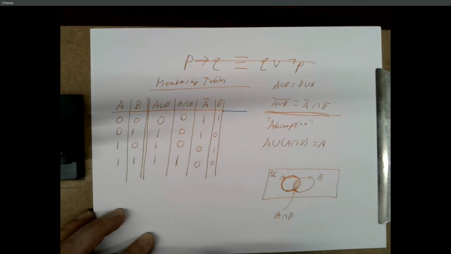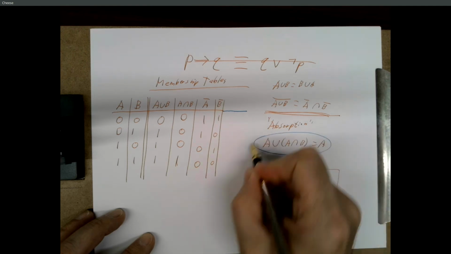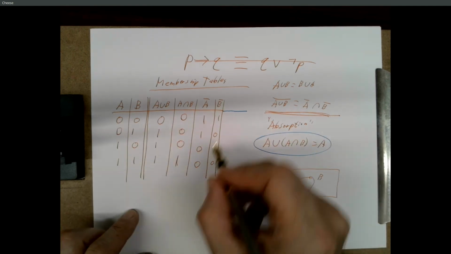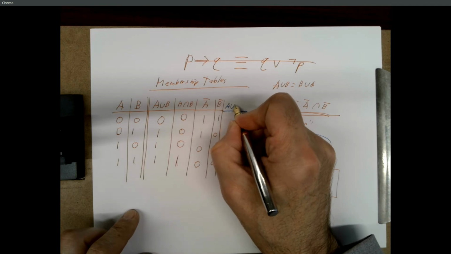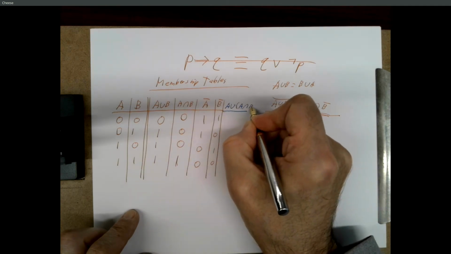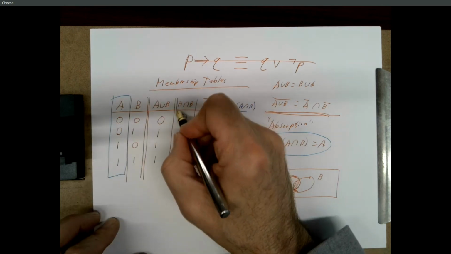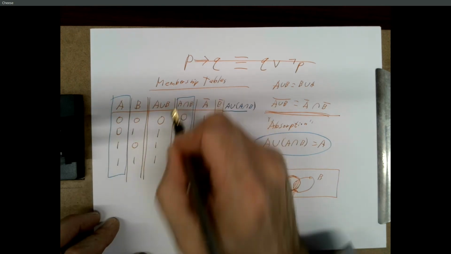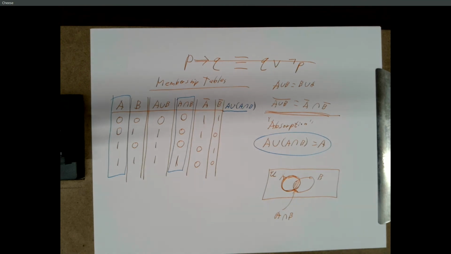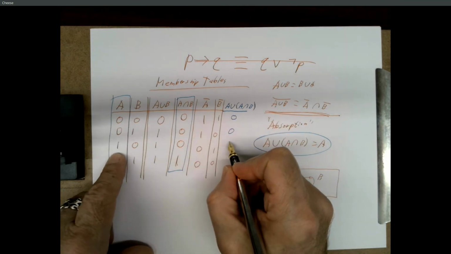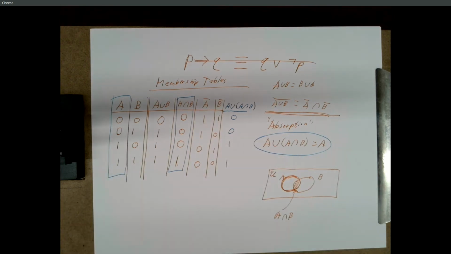So let's look at our absorption theorem. We already have a column for A. We have a column for A intersect B. Let's make a column for A union A intersect B. And that's just the union of this column with that column, which we now just think of as an OR. So what's the OR between these two columns? 0, 0, 1, 1.